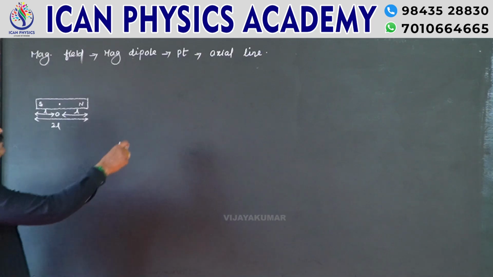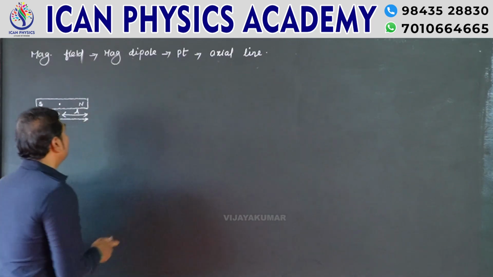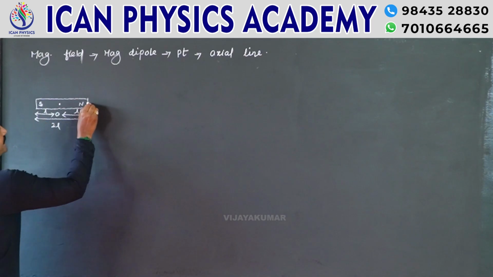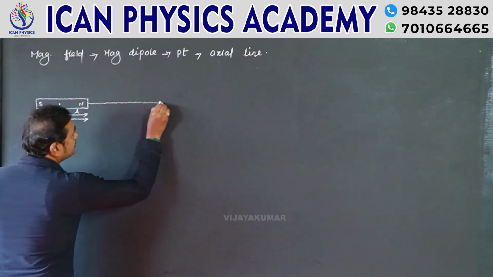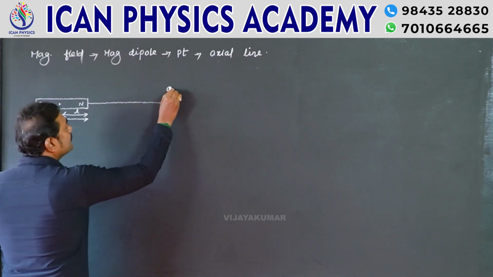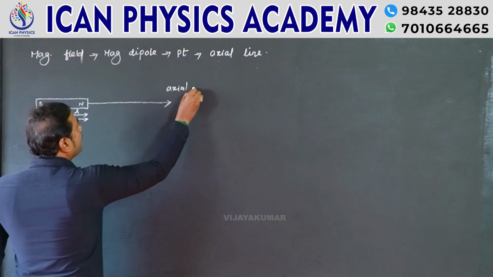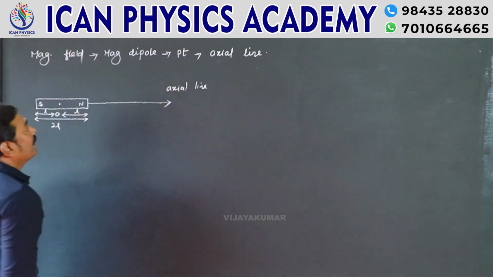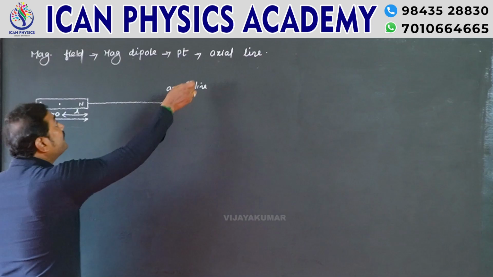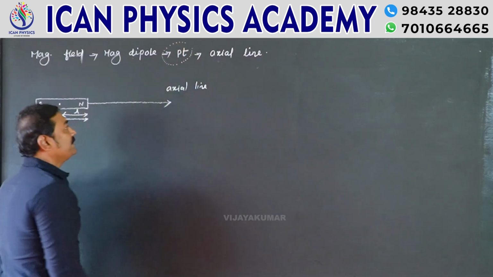Okay. Now what have we said? Axial line. So the line which is passing along the axis is taken as the axial line. Okay. On the axial line, at a point.